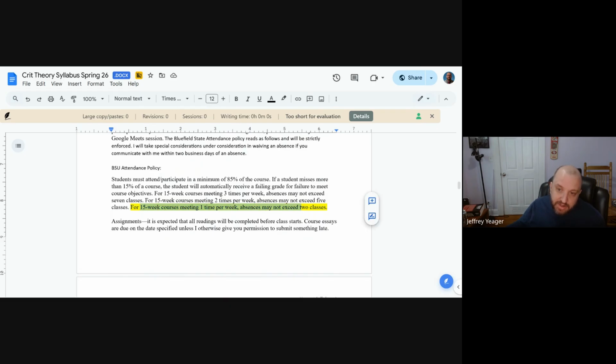Technically, though, with the Bluefield State attendance policy being what it is now, you can't miss more than 2 sessions and pass the class. And I will stick to that. I'm going to be a stickler for the rules this time. Just think about it, guys. If you miss class, that's 50% of the entire class gone.